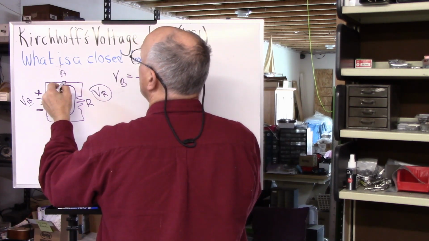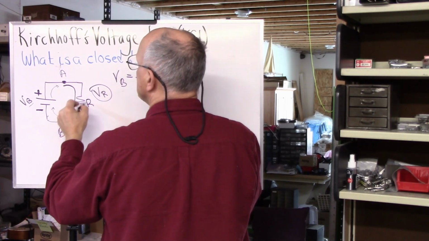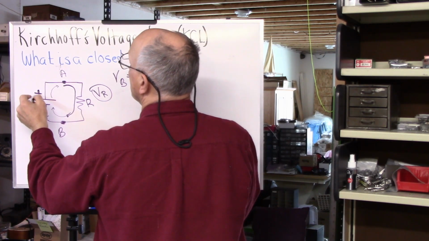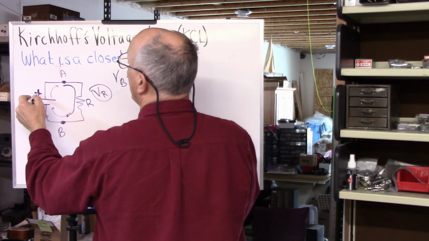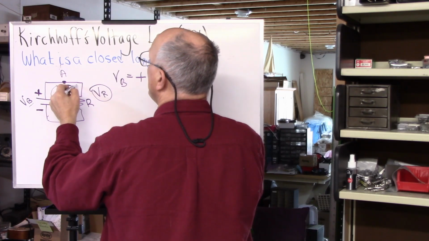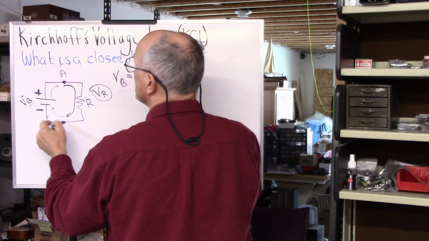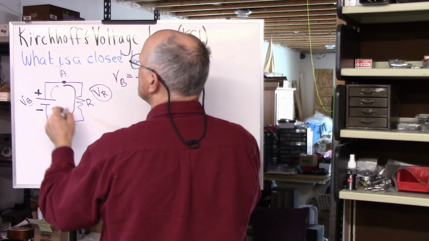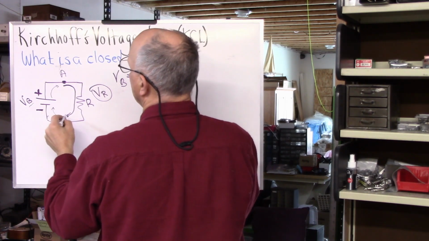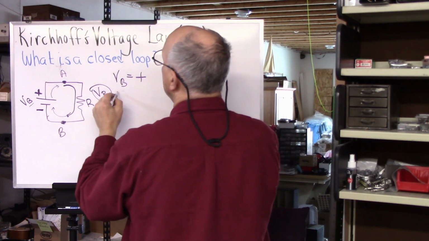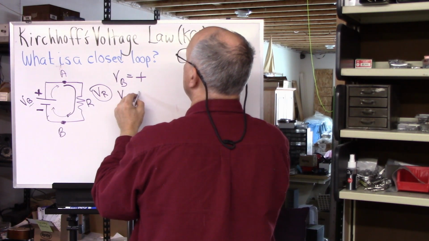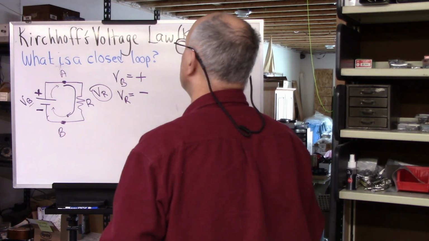And now we're moving from point A through the resistor to point B. Well, point A is the positive side of the battery. We've moved through the resistor. We've come back to where we started, to the negative side of the battery. The voltage across this resistor has gone from a more positive value to a less positive value. Therefore, the voltage across the resistor is going to be defined as a negative voltage.